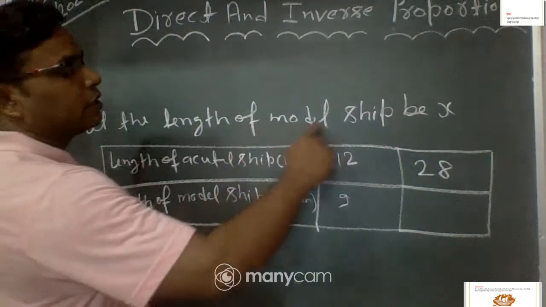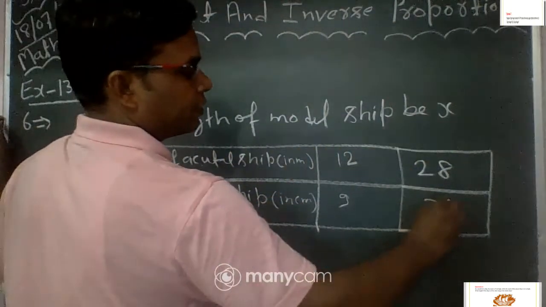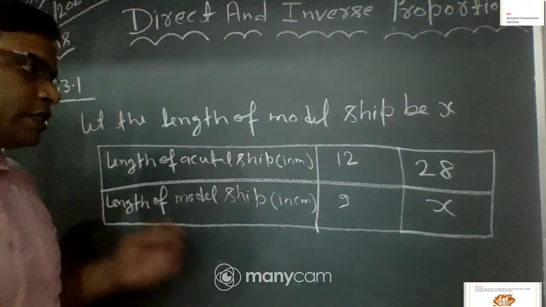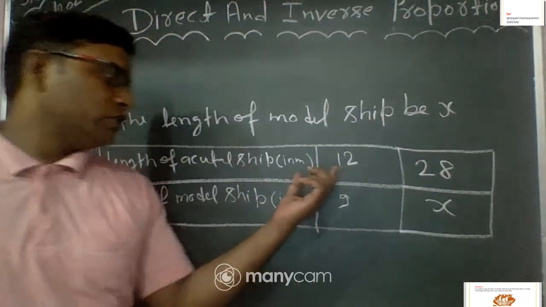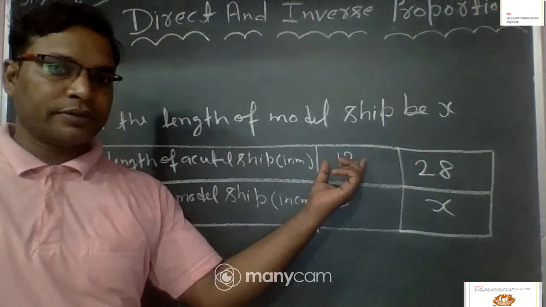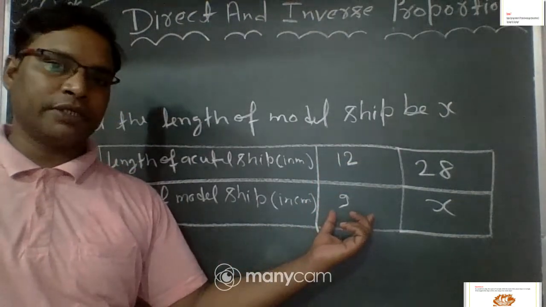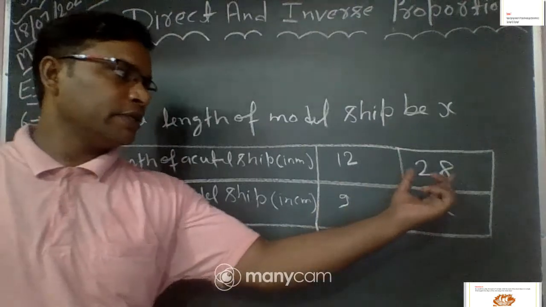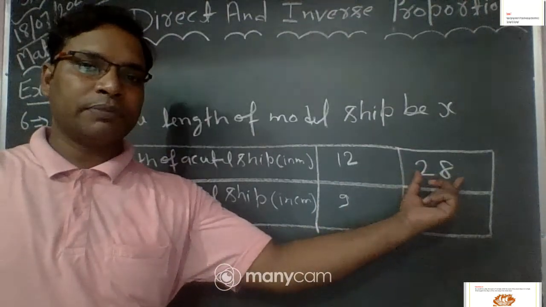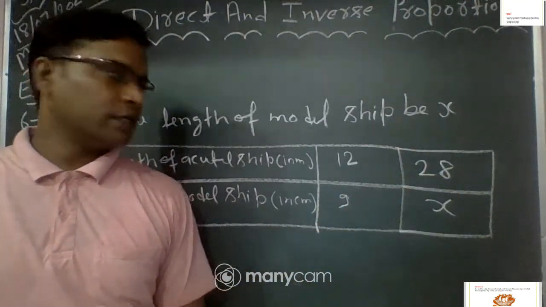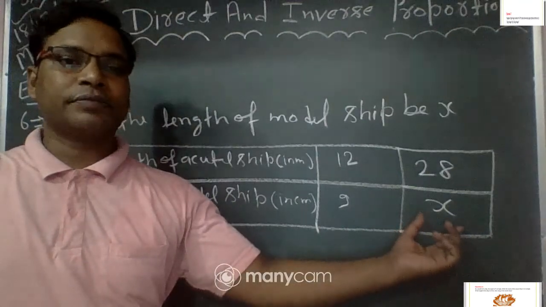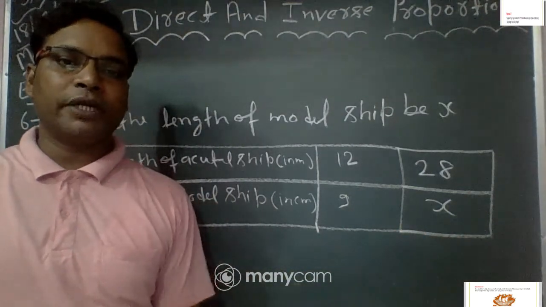So we let the length of the model ship be x. The actual length of the ship is 12 meter, then the model ship is 9 centimeter. And here the given actual length of the ship is 28 meter. Then what is the length of the model ship?